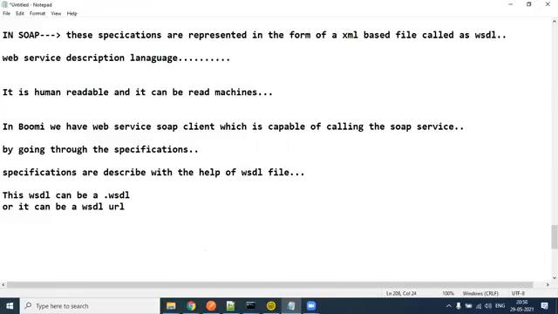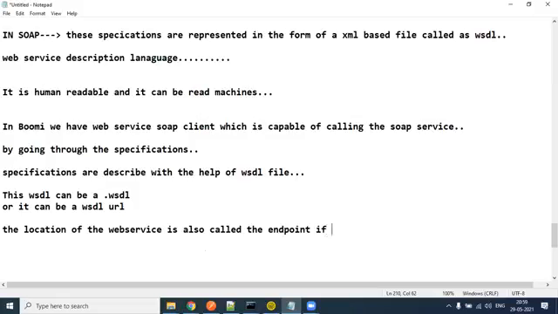Since the service itself is accessible over the web, typically the description about the web service will also be accessible over the web, right? So whatever is the location of the web service is also called the endpoint of the service. Endpoint means the place where the service is accessible.